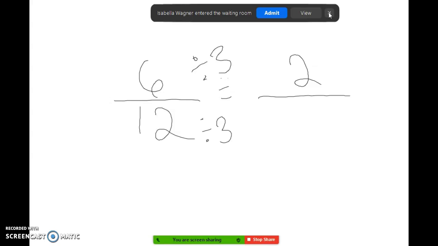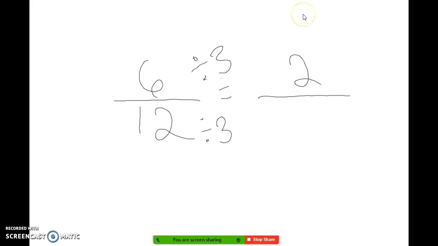Okay. Go on my computer. 2 times. Dots. And make 3 groups. And I don't know why it's not letting me draw anymore.